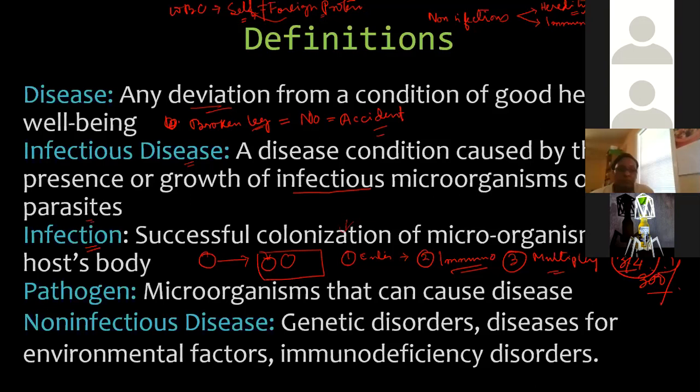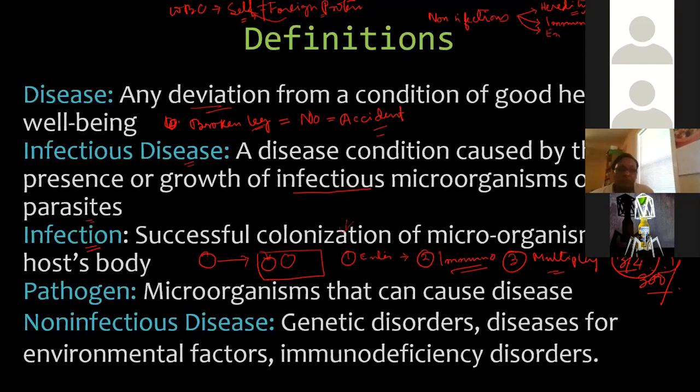Slowly it is disabling the immune system, making it poor. Because of this disease, slowly your immune system is not strong. It's not working like before. So when you are at this stage, AIDS, you actually acquired a poor immune system. So that's a non-infectious disease.